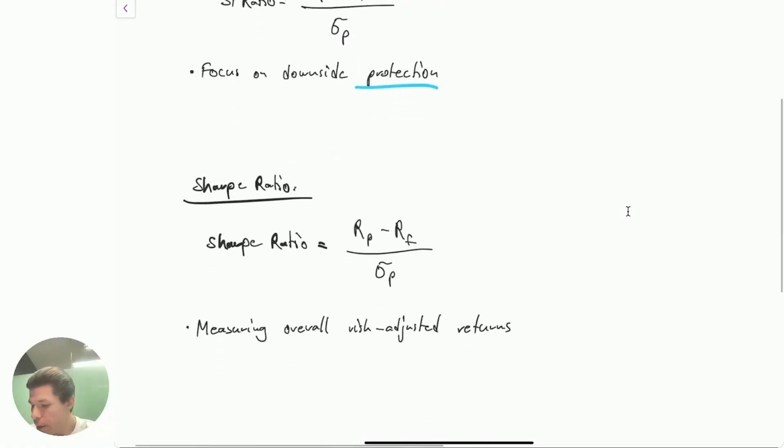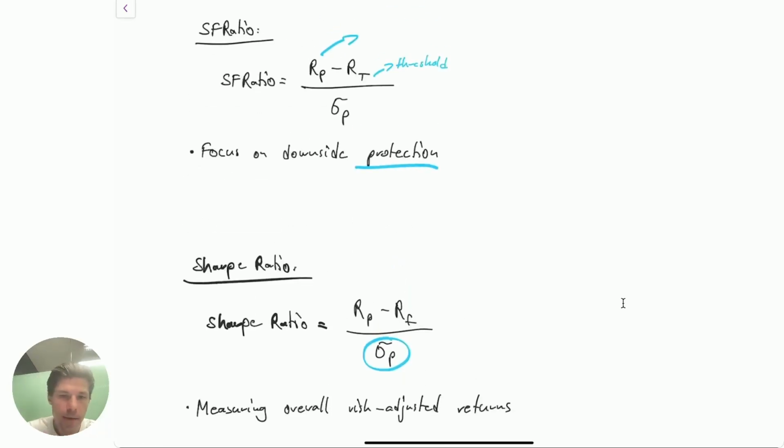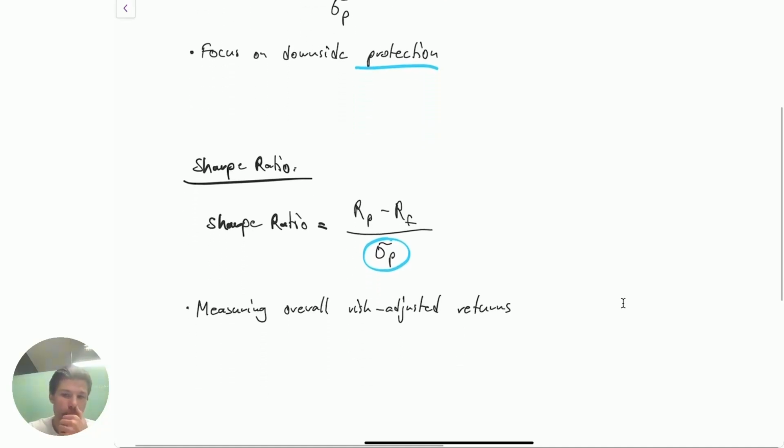The Sharpe ratio, on the other hand, measures overall risk-adjusted returns. It evaluates how much excess return an investment generates per unit of total risk, measured by standard deviation. Unlike the SF ratio, the Sharpe ratio does not focus specifically on downside risk.